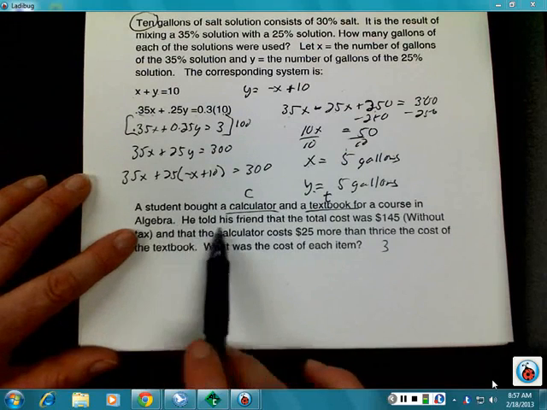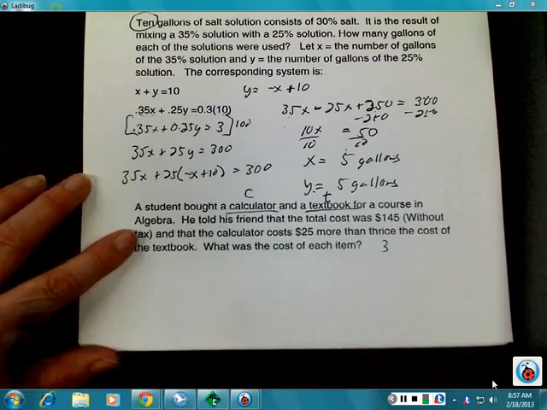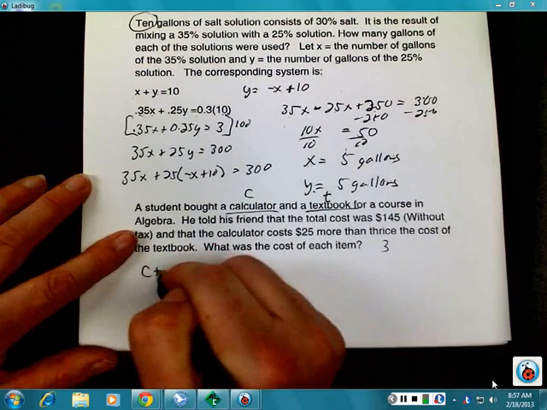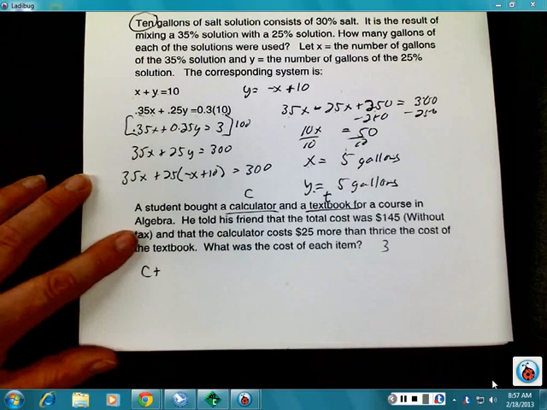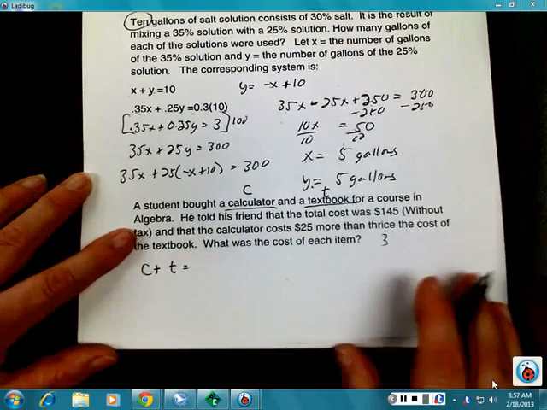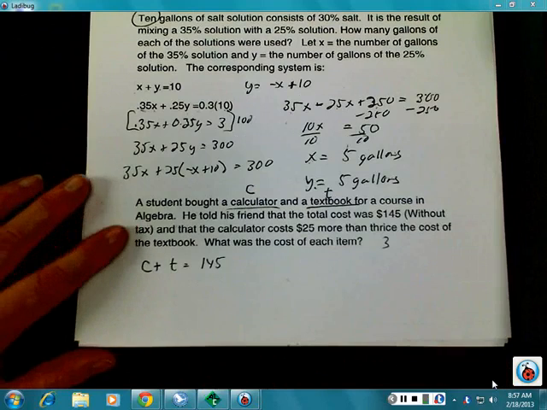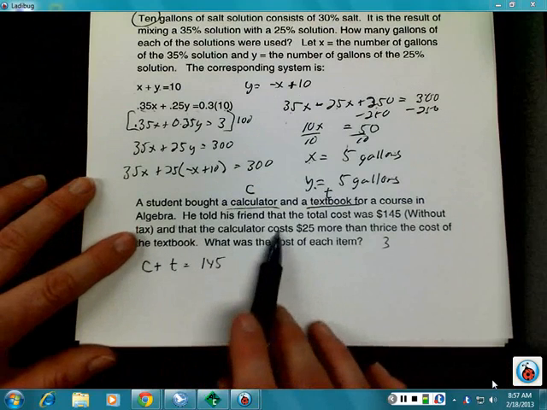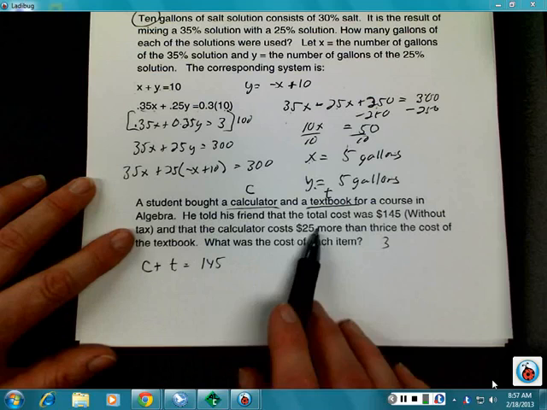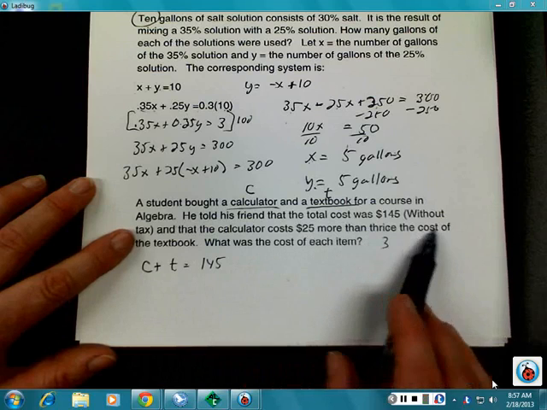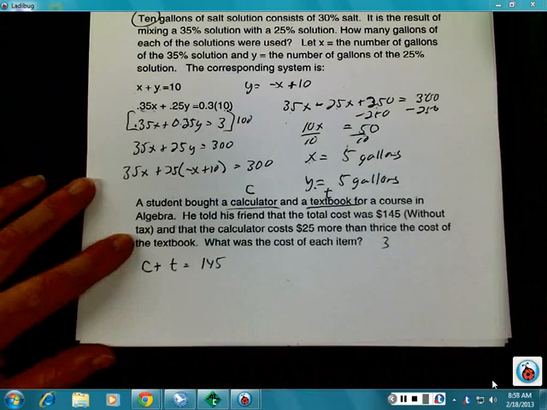So what do we know? It says he told his friend that the total cost, so the calculator plus the textbook, is equal to $145. But he also said the calculator cost $25 more than thrice the cost of the textbook. So what does that mean?